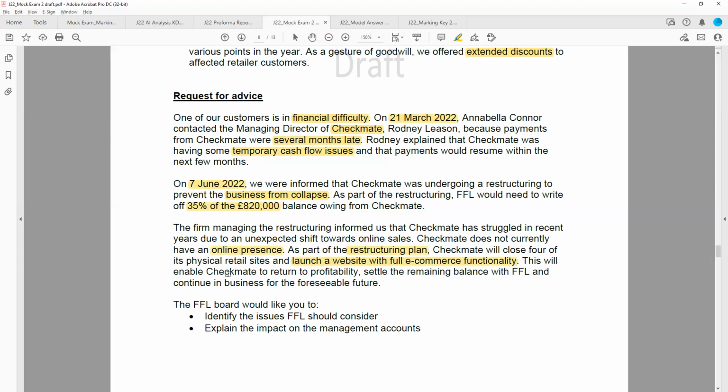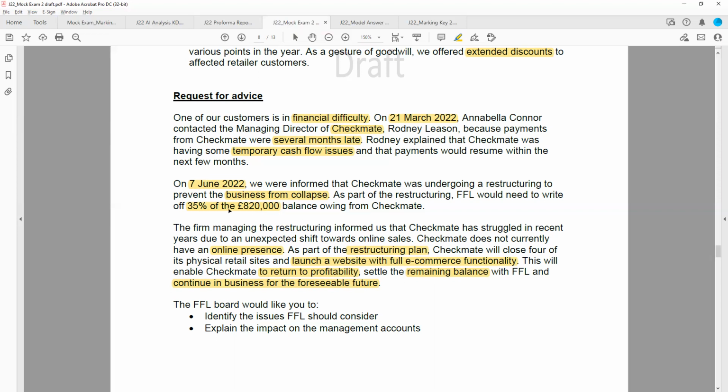This will enable Checkmate to return to profitability, settle the remaining balance, and continue in business for the foreseeable future. So as part of this restructuring, FFL are being asked to write off 35% of what is owed to them from Checkmate. The FFL board would like you to identify the issues that FFL should consider and explain the impact on the management accounts.